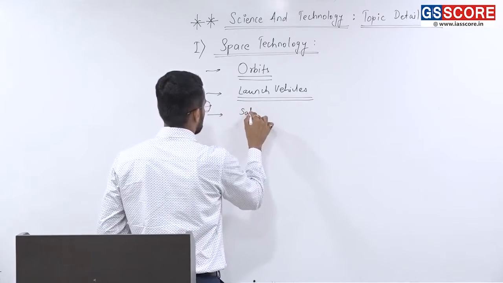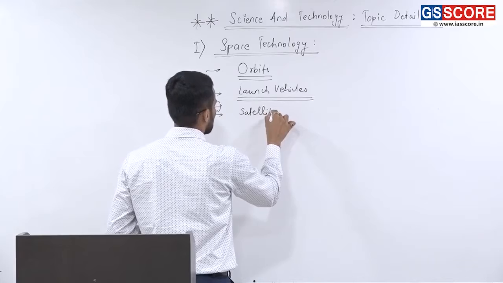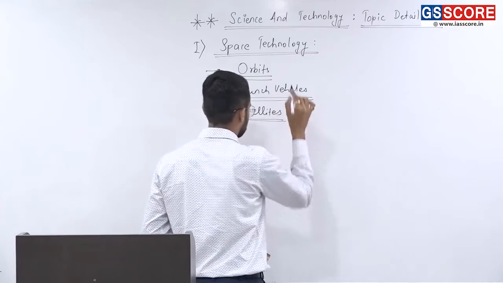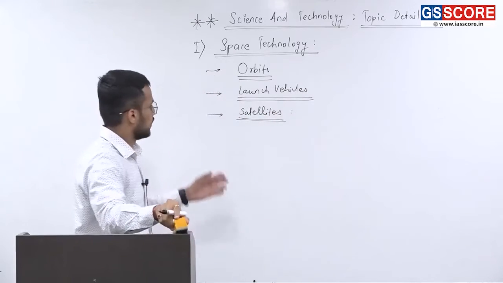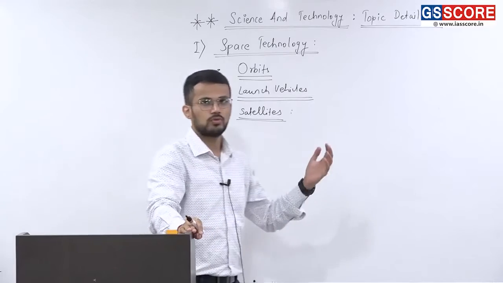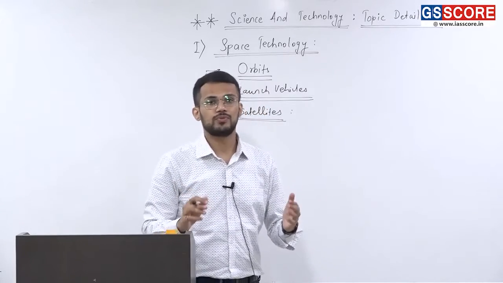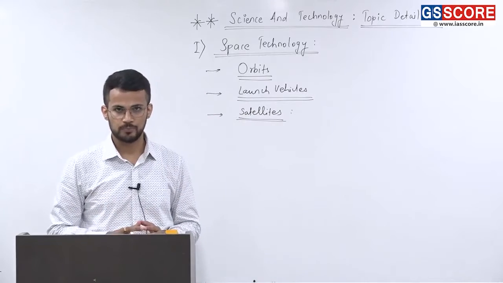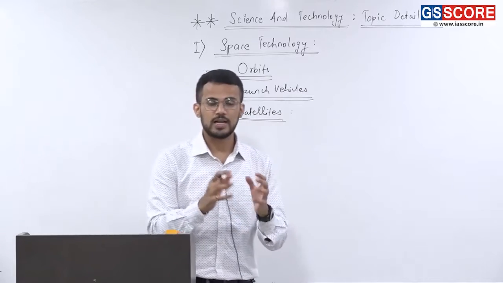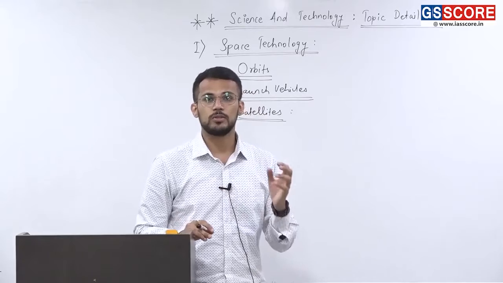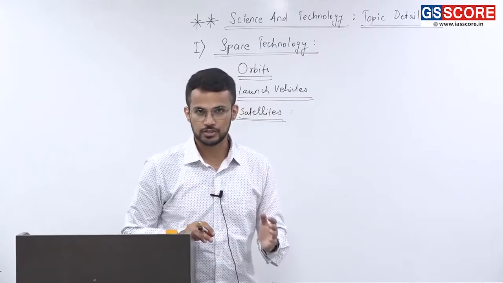satellite missions, or satellites. Firstly, satellites. Now, the way we have different types of orbits, different type of launch vehicles, we have different type of satellites as well. And these satellites can be categorized on the basis of their application.